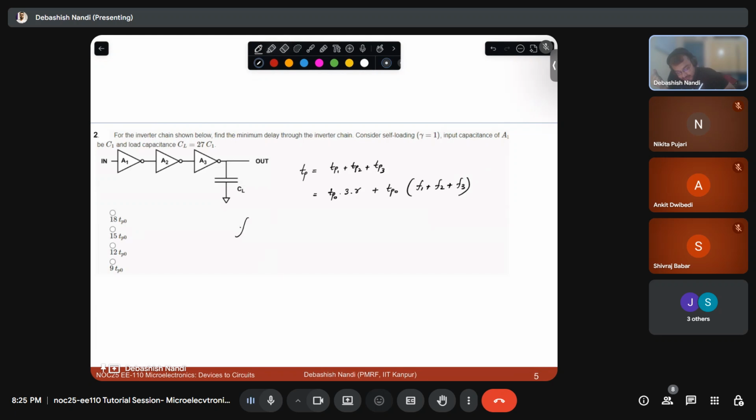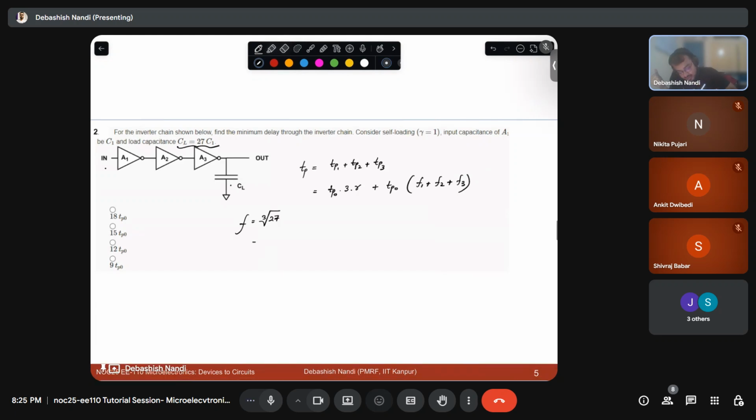So what is F? Again 3, since CL by input is 27, so that will be 3. So this will be TP0 times 3. What is your self-loading? They have given us to consider it as 1. So this will be TP0 times 3 plus 3 plus 3 is 9, so it will be 12 TP0.